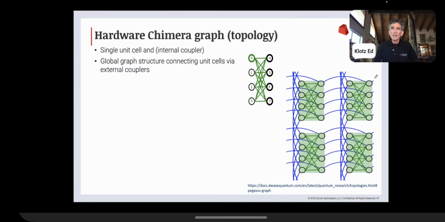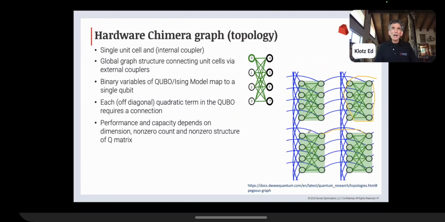So here we see our unit cells and their internal connections, and then we see the intercell connections in blue here that connect one unit cell to another in a limited way.